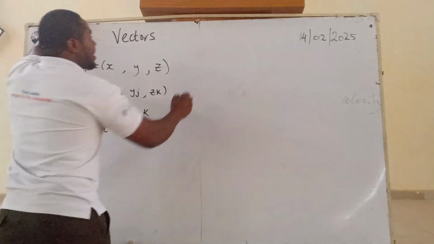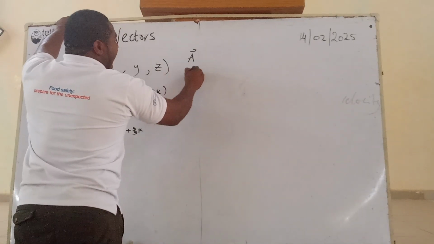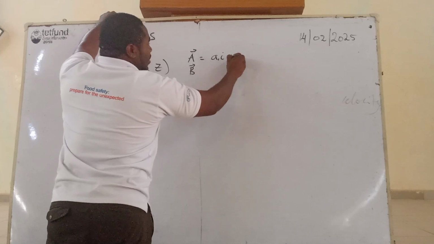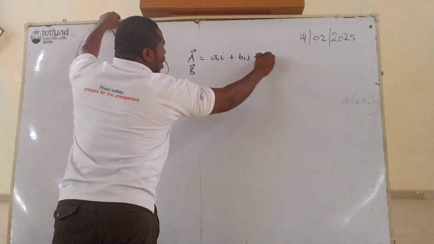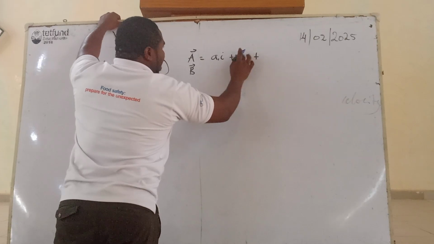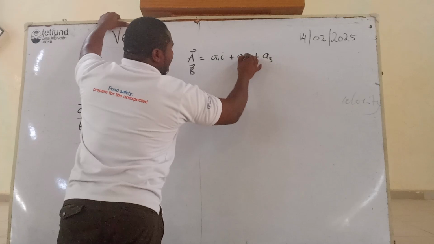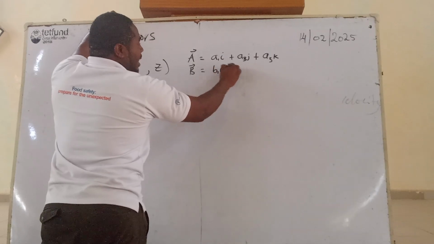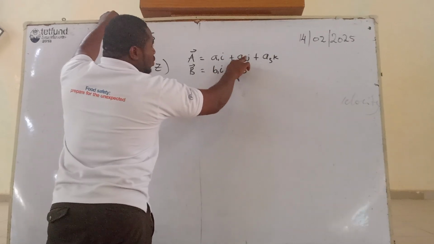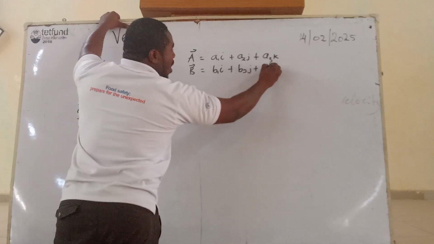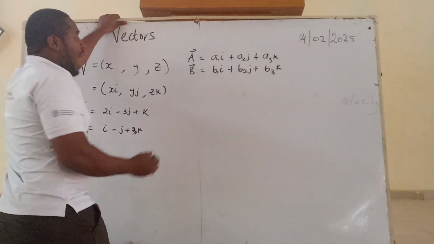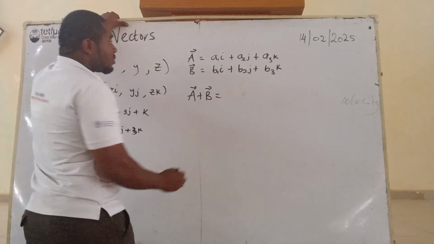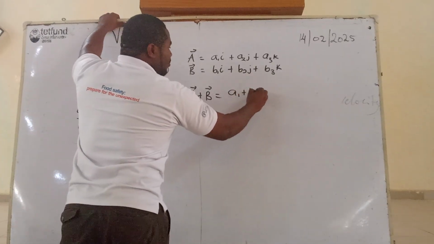Component by component. For instance, if I have a vector A and a vector B, with A as A1 i plus A2 j plus A3 k, and my vector B is represented as B1 i plus B2 j plus B3 k, I can have vector A plus vector B as A1 plus B1.